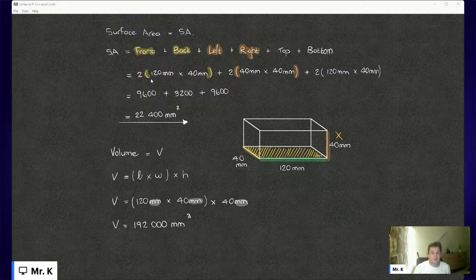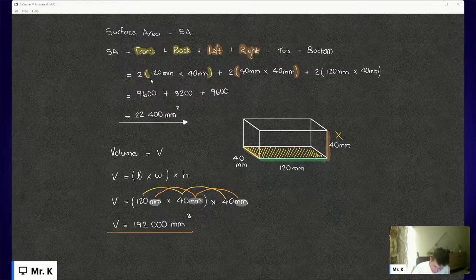Remember that volume is measured in cubic units, so you can multiply the values together first, then you can multiply the units together. So in this case, the volume calculation is actually quite simple.